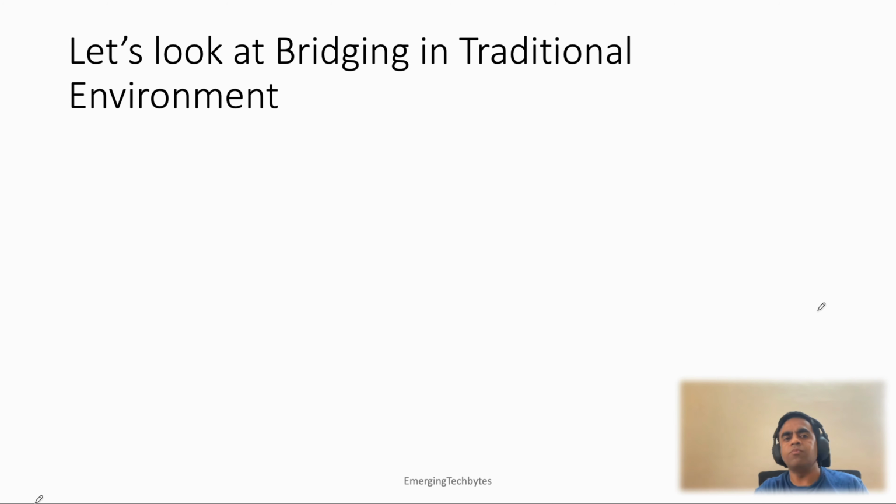Now, we are shifting our gear from VXLAN to the packet forwarding stuff. And to understand how this packet forwarding, this bridging, this switching works with EVPN, let's have a quick look at how it works in the traditional environment. And this is where I took the freedom of covering some thought-provoking things as well.